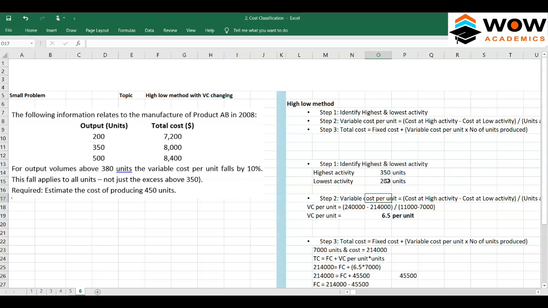So we can start from here. To find out the variable cost, again we have the same steps. The higher cost is 8,000. The lower cost is 7,200.